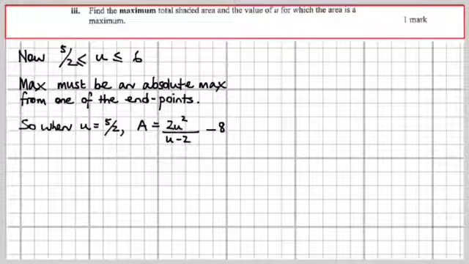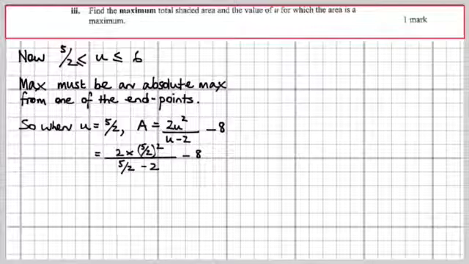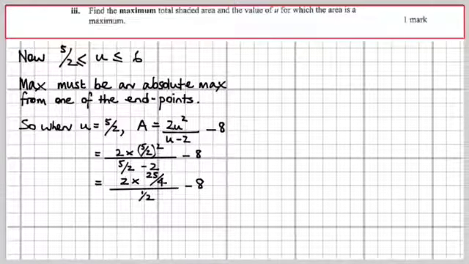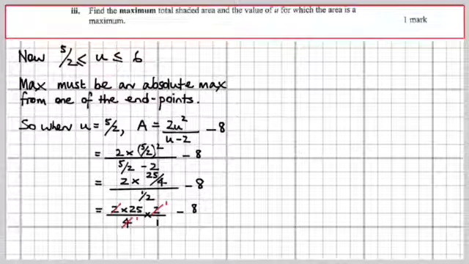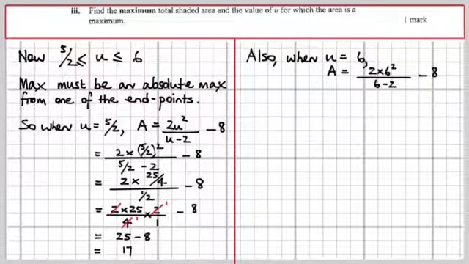So let's plug in u is 5/2, and therefore there's our area formula. I'm plugging and chugging here, guys, and just going with it. It's not pretty, but it's easy to fix by a bit of cancelling. So 25 minus 8 is 17, isn't it? Yes.